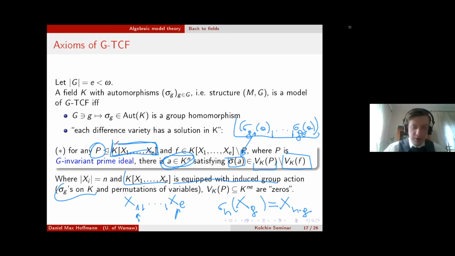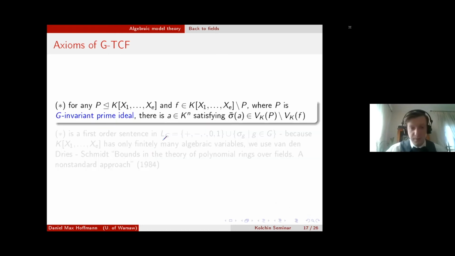If not, let me continue. Maybe that's not so important, but there is one more detail here. All these x's have this kind of dimension n, so there are more variables, but still it's finitely many. The important thing here is that the ring has finitely many algebraic indeterminates.